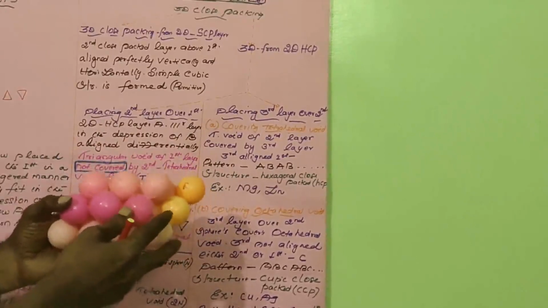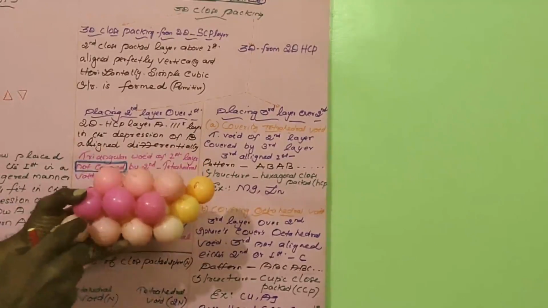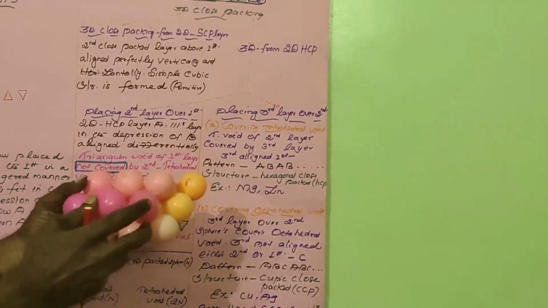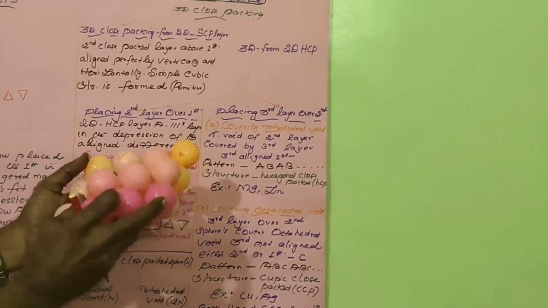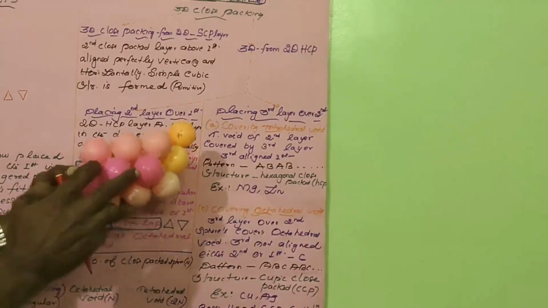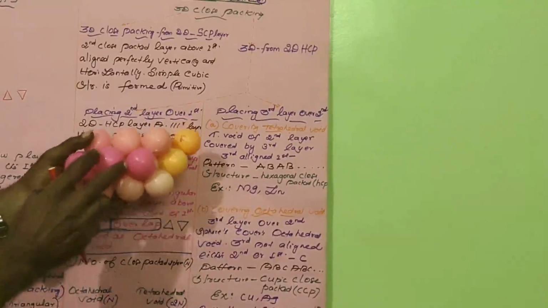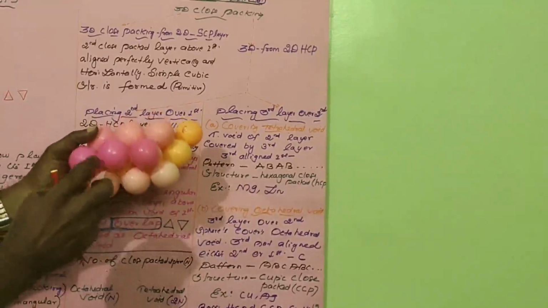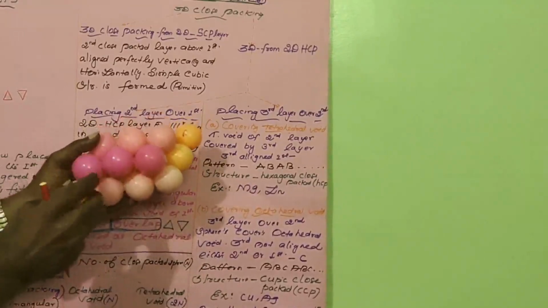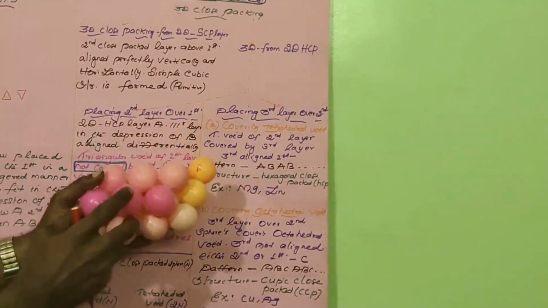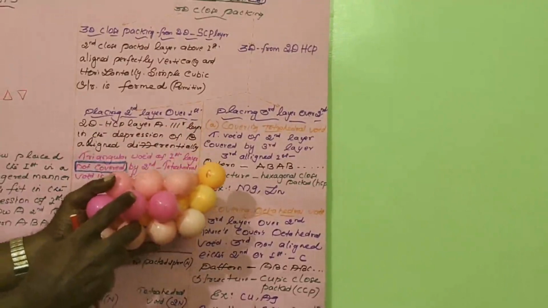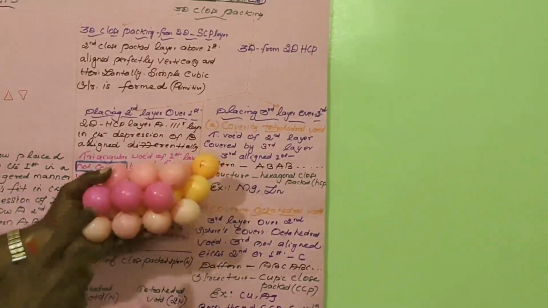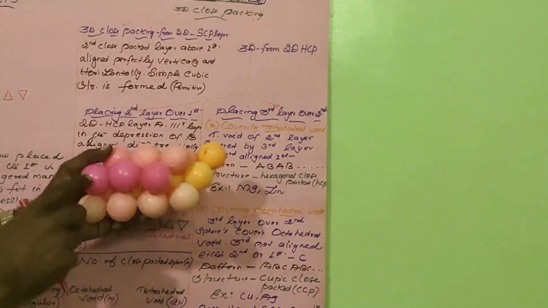The triangular void of the first layer is not covered by the second. This is one triangular void and this is another triangular void. These two are not covered, so a tetrahedral void is formed.